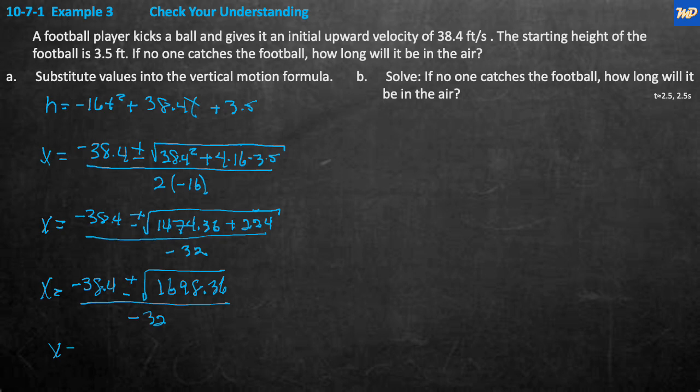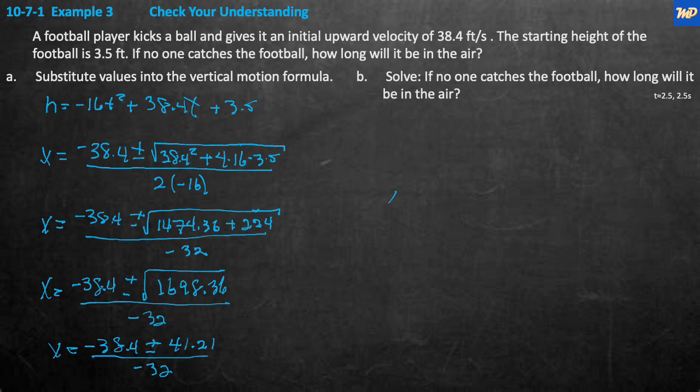So x equals negative 38.4 plus or minus, no longer going to have the radical, and that answer is 41.21. And that is over negative 32. So now we're at the point where we can pretty much start simplifying it.